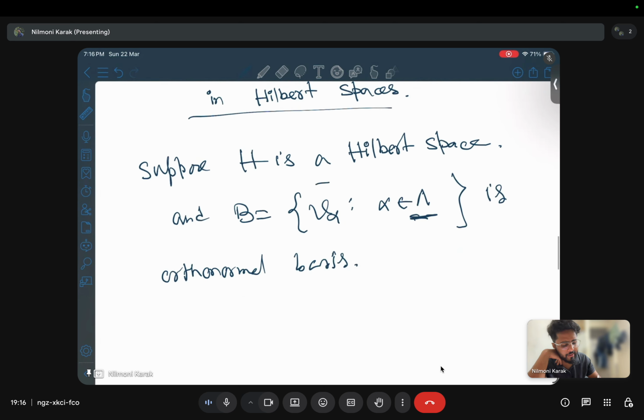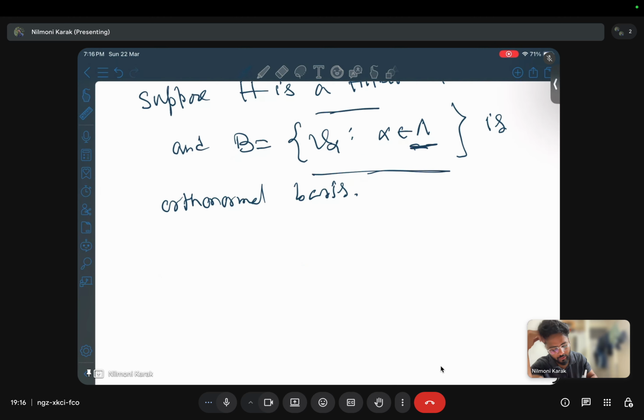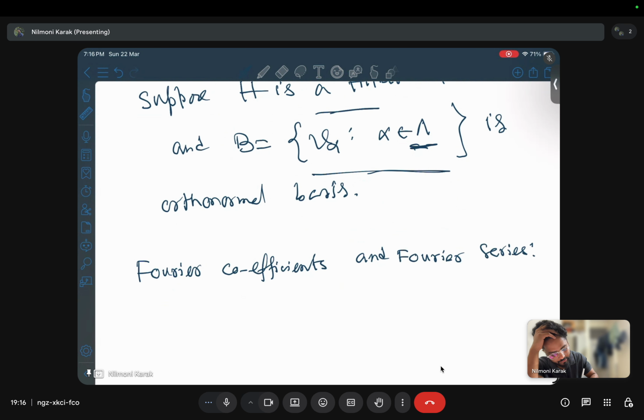So you have a Hilbert space and you have an orthonormal basis, so you can construct a Fourier series. Let us see Fourier coefficient and Fourier series.